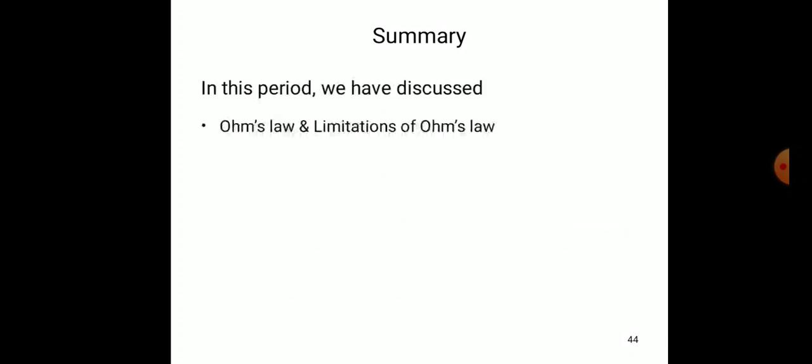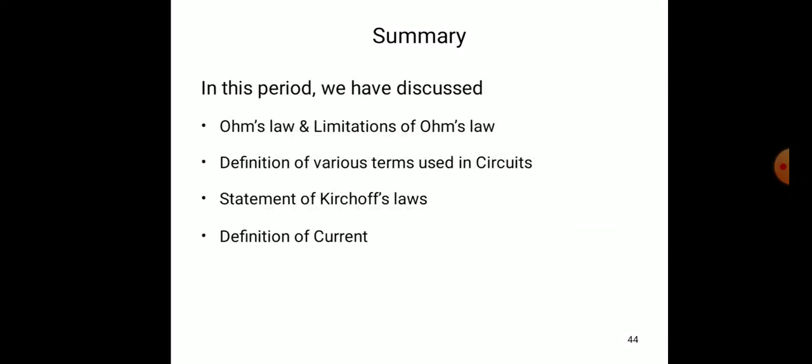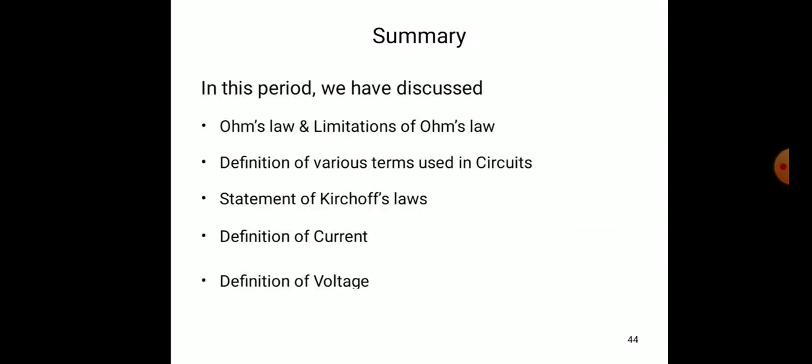So now we try to discuss the summary of what we learned in our class. We discussed the topic Ohm's law and limitations of Ohm's law. What is the definition of Ohm's law? What are the conditions of Ohm's law, where we are using Ohm's law?